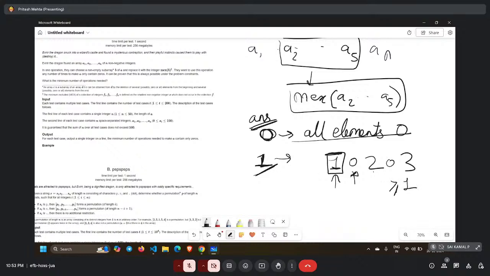So in one operation, if we are making the whole array 0, then all the elements that we pick must be non-zero, and we must pick all the elements that are not equal to 0. If we don't pick any of them, then the whole array after transformation will not become 0. And if we can't do such a thing, then we can't do it in one operation.